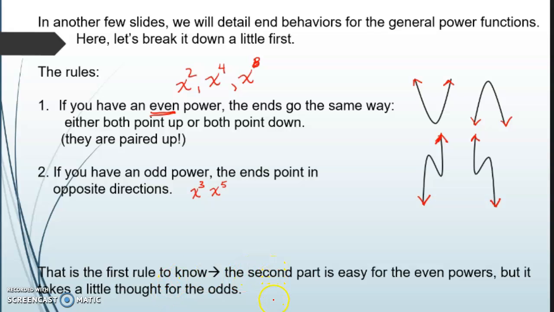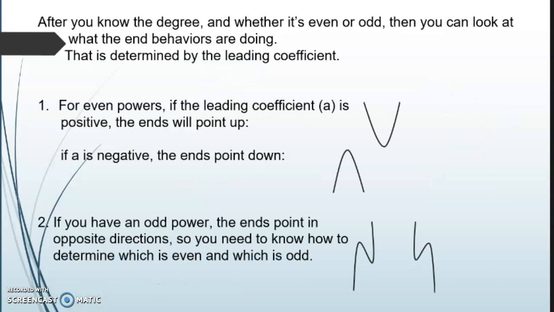The second part's easy for the even powers, but it takes a little thought for the odds. Because right here I told you they both point up or they both point down, so it makes it real easy when we're going to actually write a rule. After you know the degree and whether it's even or odd, then you can look at what the end behaviors are doing. That's determined by the leading coefficient, the coefficient that is with the highest degree variable.